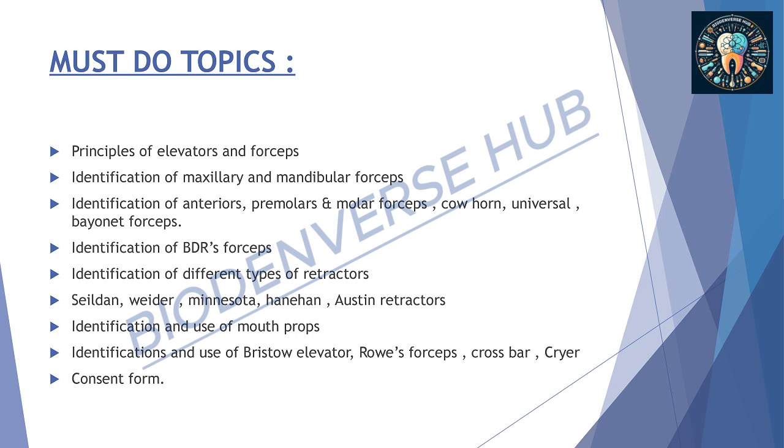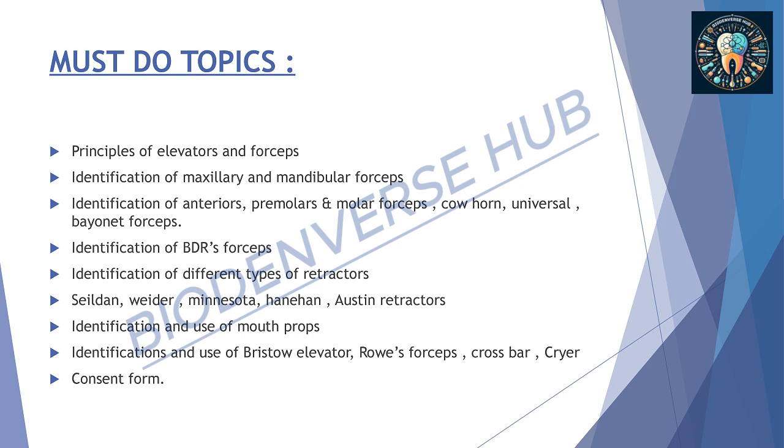If it is an interactive one, they will be asking you what type of instrument this is. Then they might ask you about some points of identification, but most importantly, they will ask you to use that instrument on a particular model that will be placed there. So you need to know about the principles, plus you need to know how to use that particular instrument.